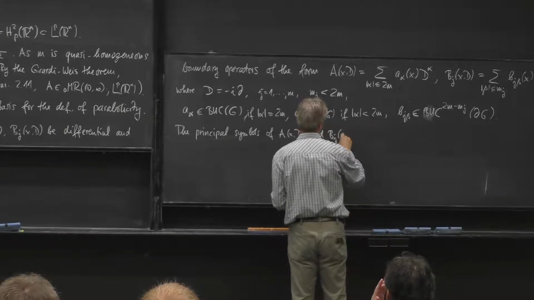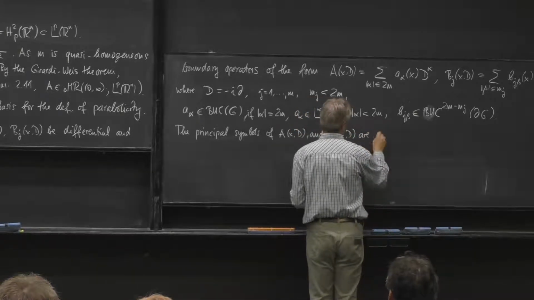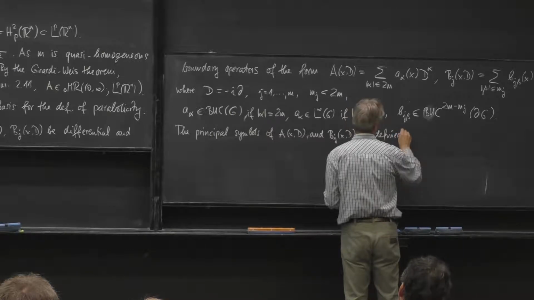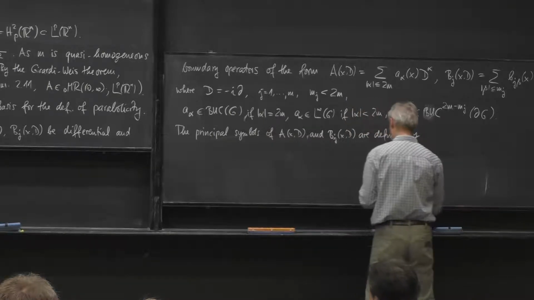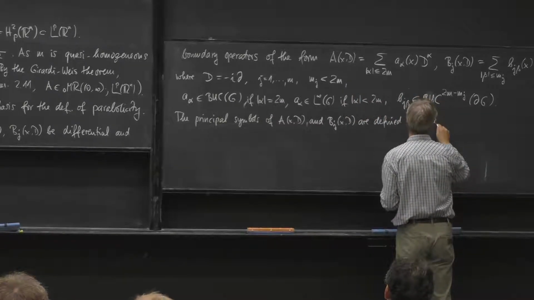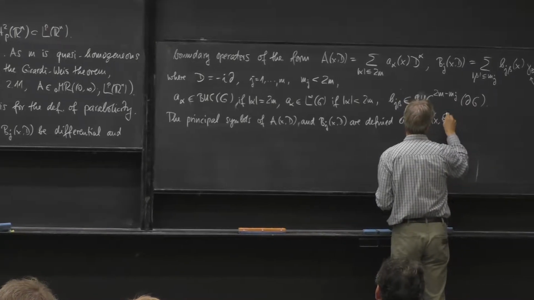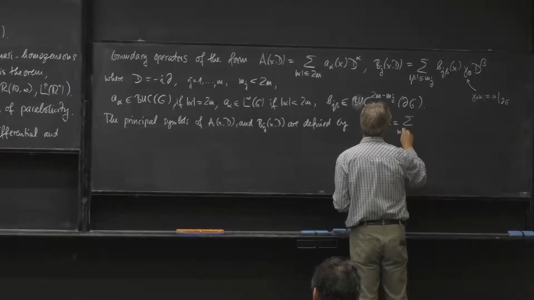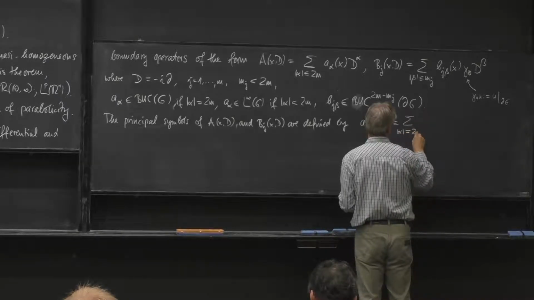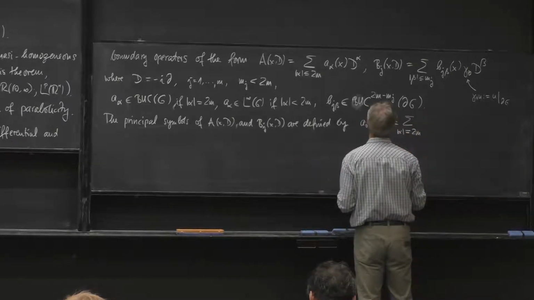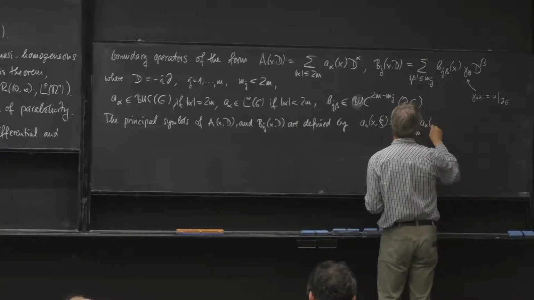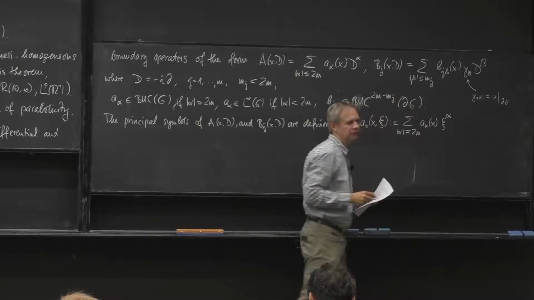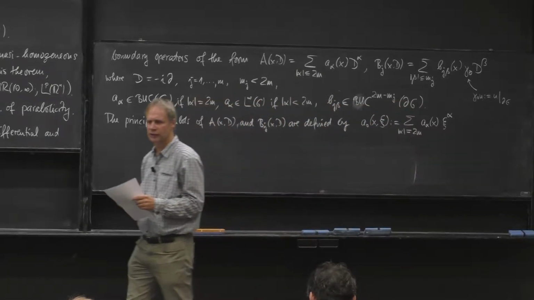Bj are defined by, so let's say A0 of x and xi. I take exactly the same sum, but I take only principal parts, and therefore principal symbols. I take the coefficients as they are, and instead of derivatives, I take multiplication with my covariable.